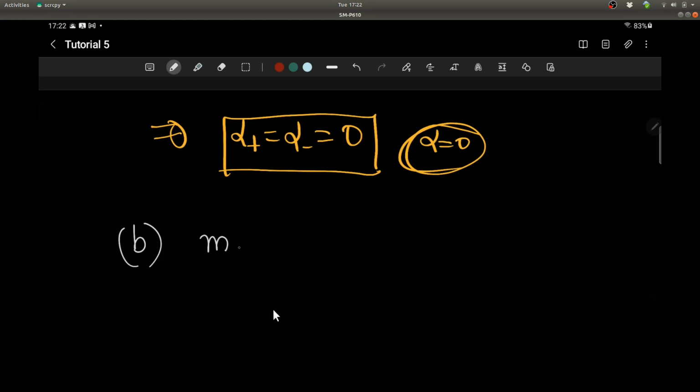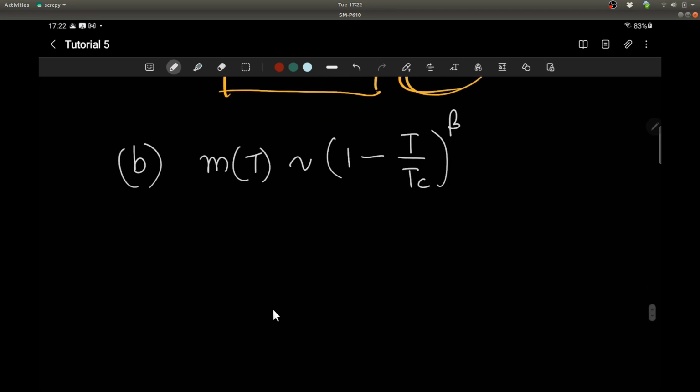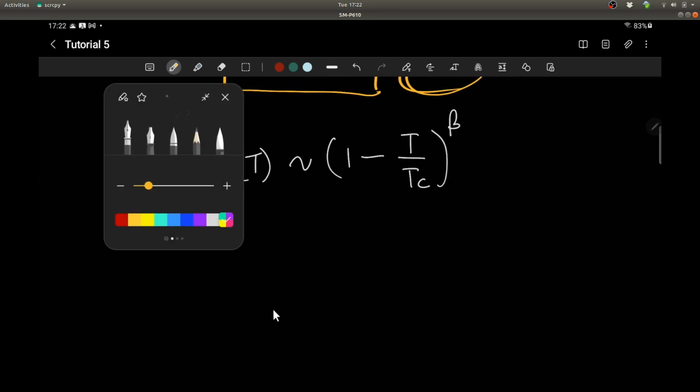Part B was m of t. How does it go? As power beta. And I'm not going to show the computation, because we did this properly in class.